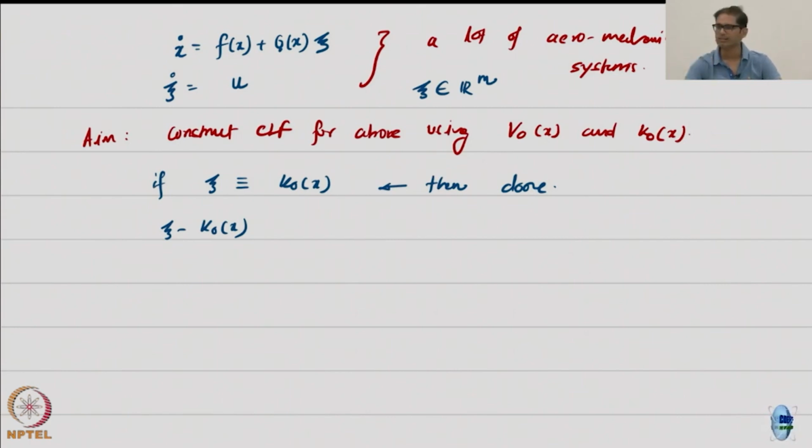Again, for aeromechanical systems, this works out well. Usually there is position and velocity as states, and the derivative of velocity is the control. Position and velocity usually have the same number of dimensions: in 3 dimensions, 3-dimensional position and 3-dimensional velocities; 2-dimensional position, 2-dimensional velocities.